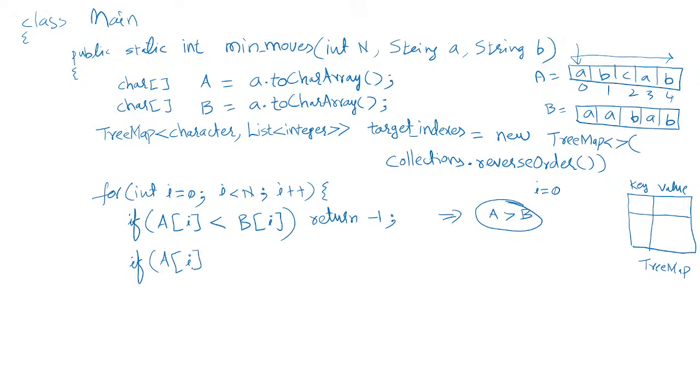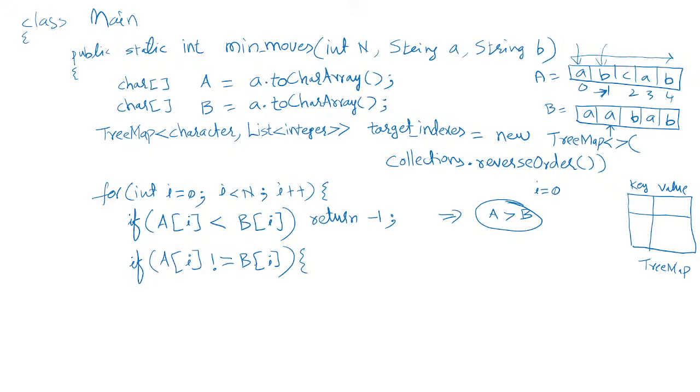If A of I not equals to B of I, then if there is any mismatch character, this is the character we need to replace with this character. So this index we need to collect, the indexes where we need to replace the characters. Mismatching character indexes we should collect there, and also the character at that index in B becomes the key in the dictionary, the tree map. That is what we are testing here.